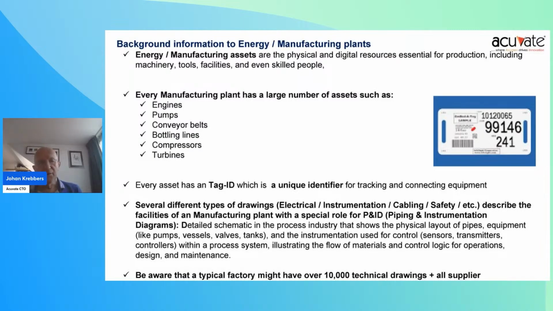The tag ID information often is stored in a tag register, where you find for all the assets you have in the factory a tag ID. We keep track of the tag ID. So this is very important, because this gives you the unique identifier of every component you have in a factory, and you need it for maintenance purposes, for asset recognition purposes.